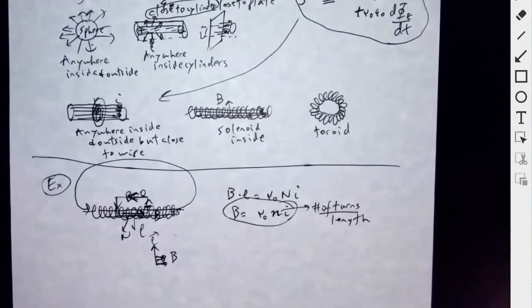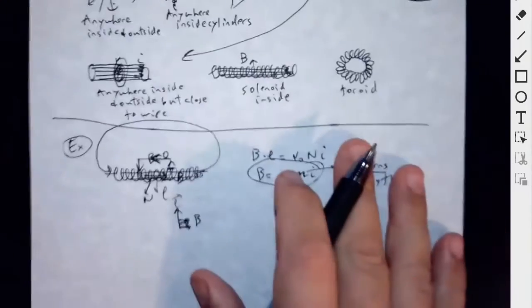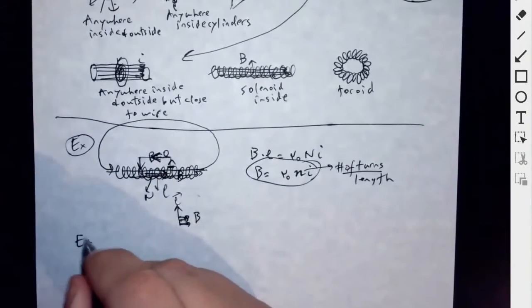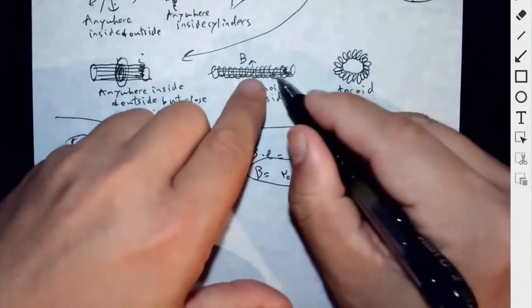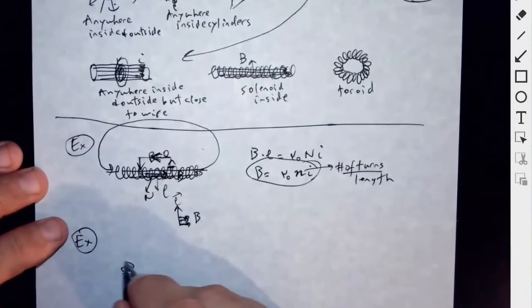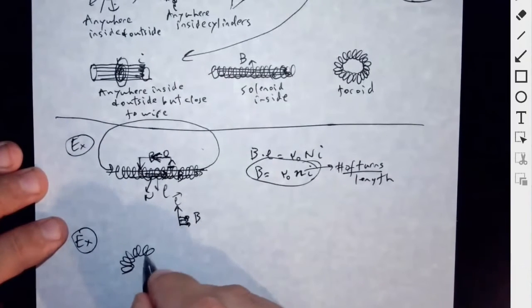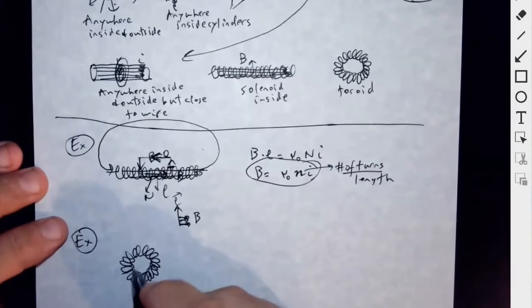The other one, now let's go to the toroid. So the magnetic field of a toroid, since you're taking a solenoid and you're forcing it around the circle, like this. So the magnetic fields just look like this.